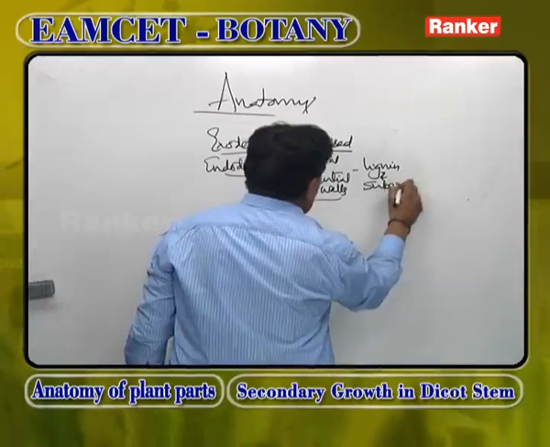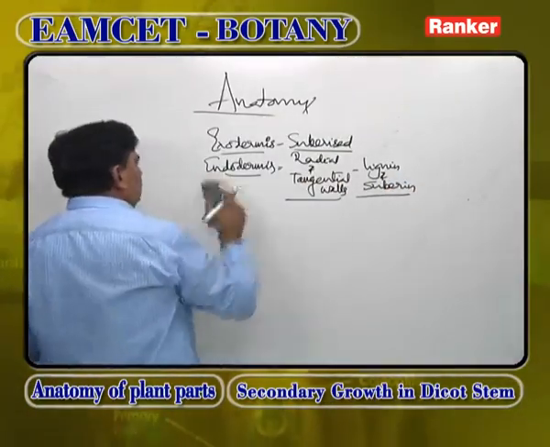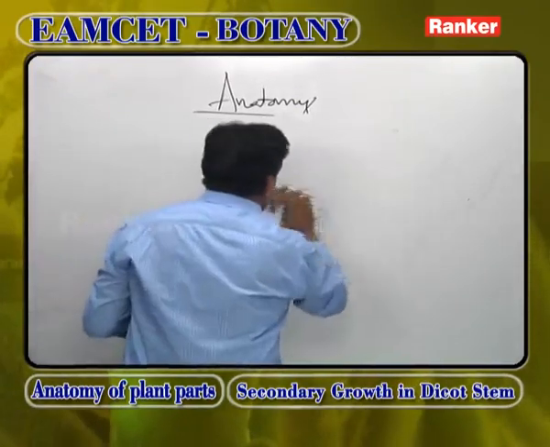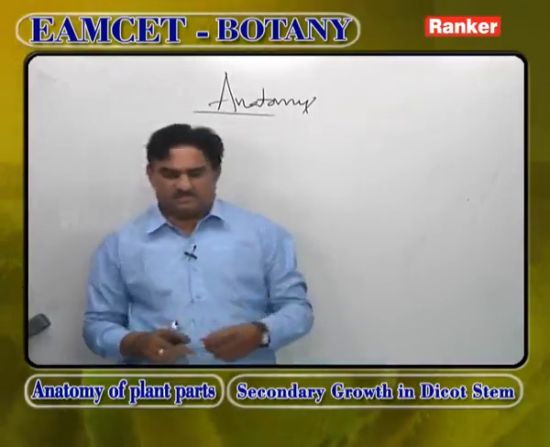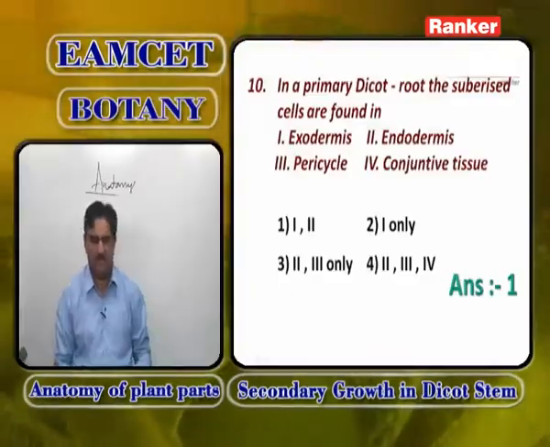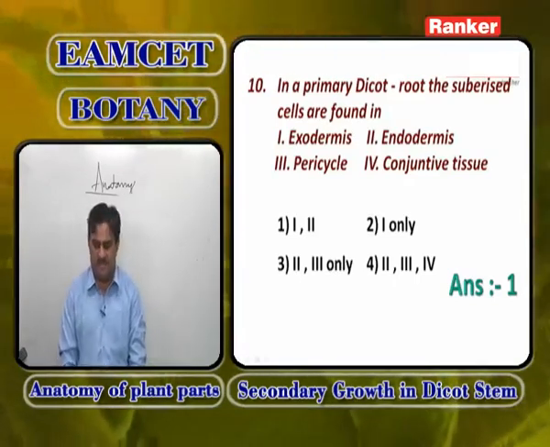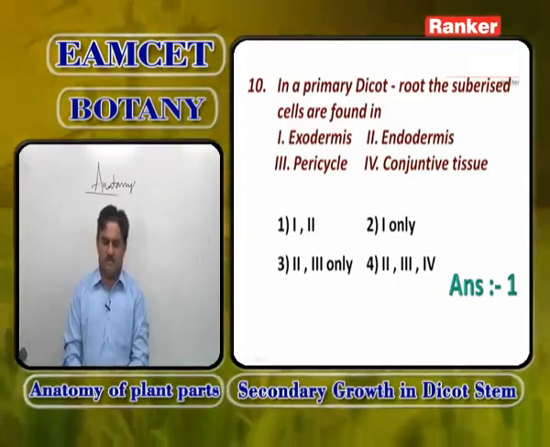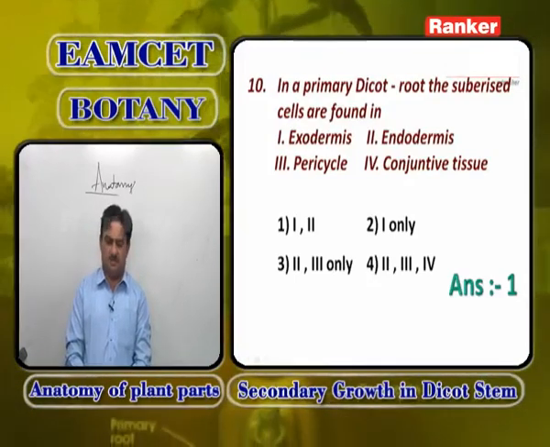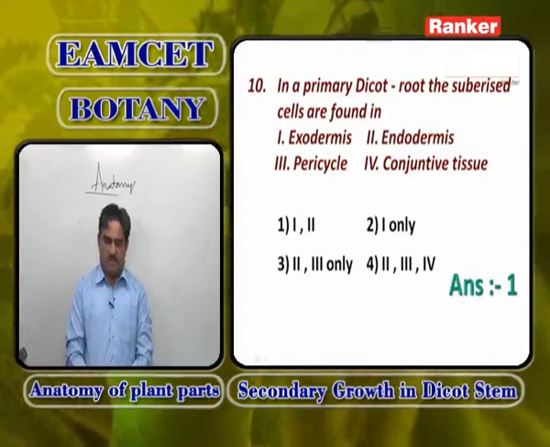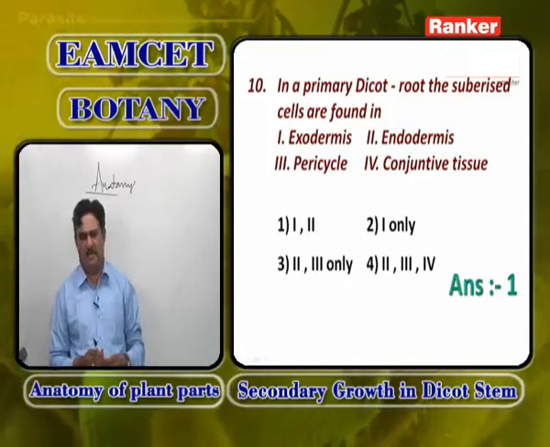Those ligno-suberized bands are called Casparian bands. So in a primary dicot root, suberized cells are present in the exodermis and endodermis. The pericycle is a dead tissue and the conjunctive tissue is parenchyma, which do not show suberin.